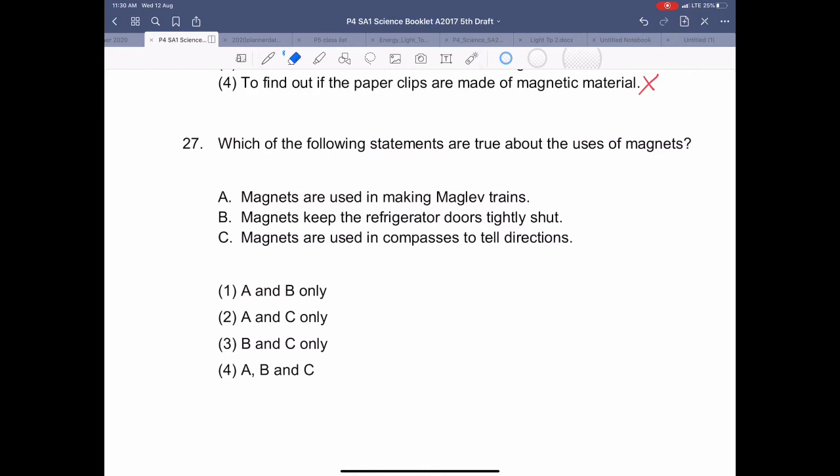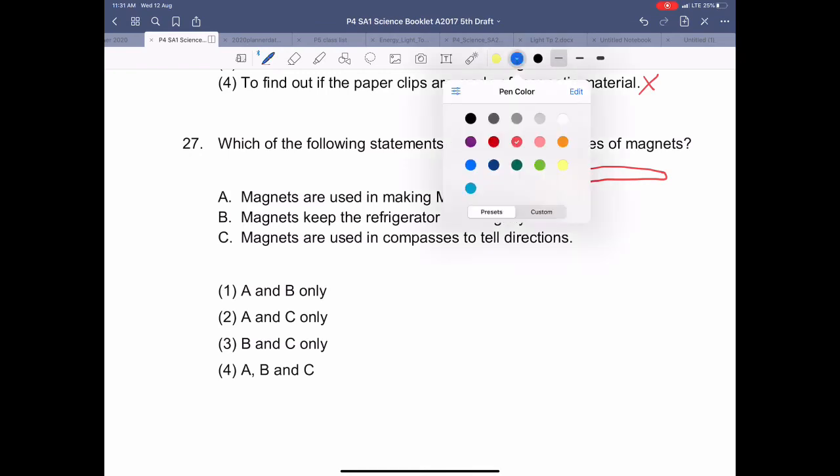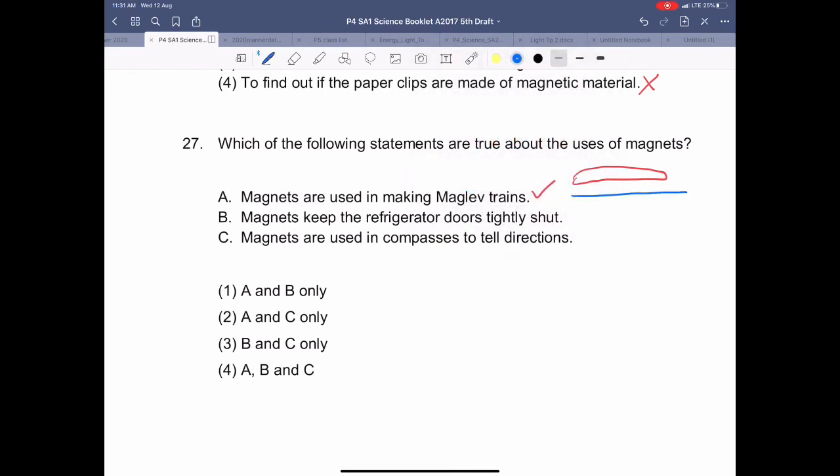Now, maglev trains, yes, that is correct. If you remember, maglev trains are trains that actually so-called float. Just a quick revision: if this is the train, and this is the train track, it is floating. Can you see there's empty space?